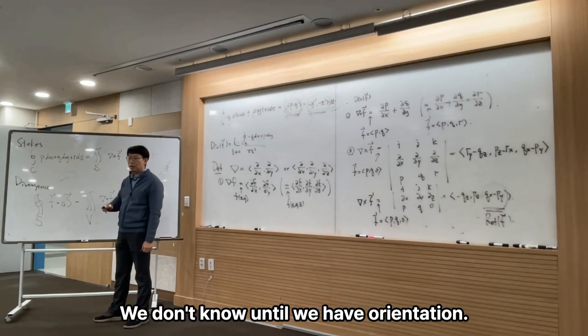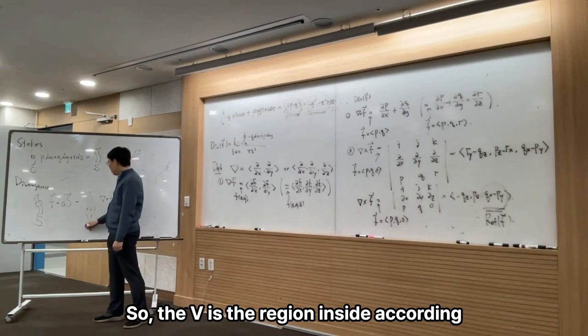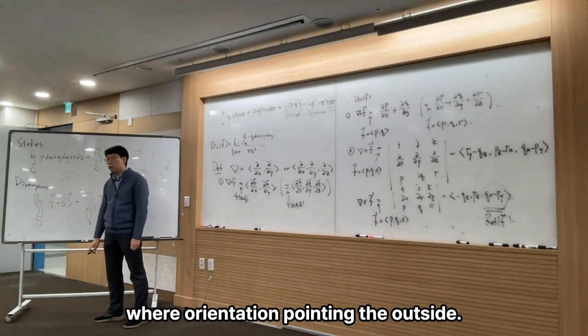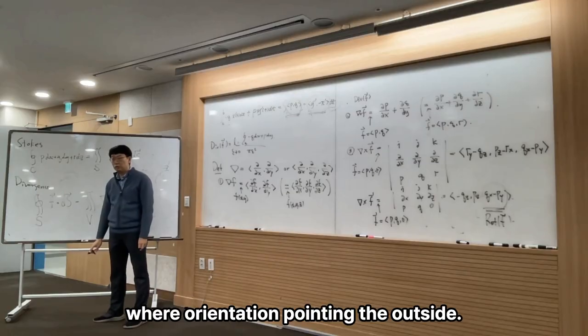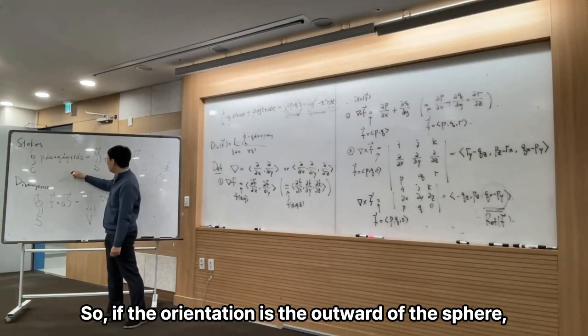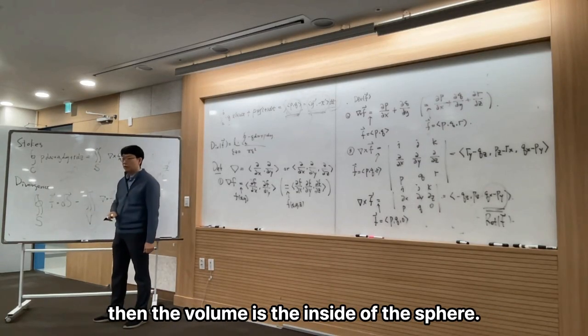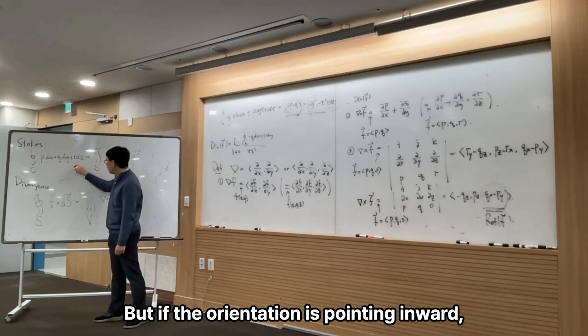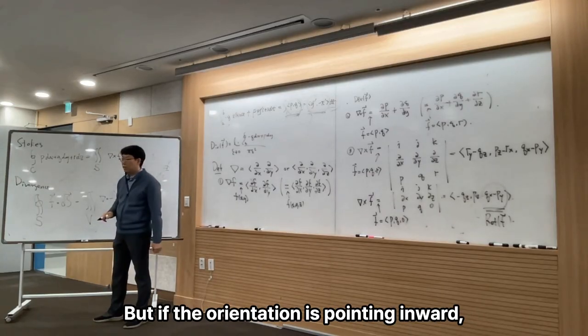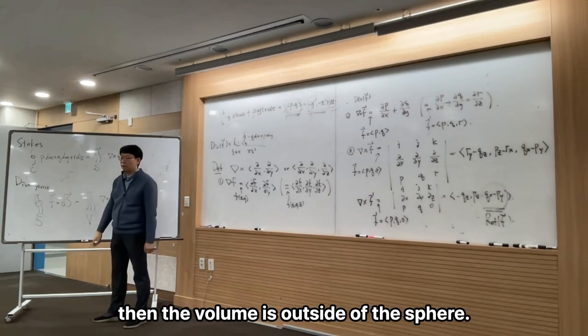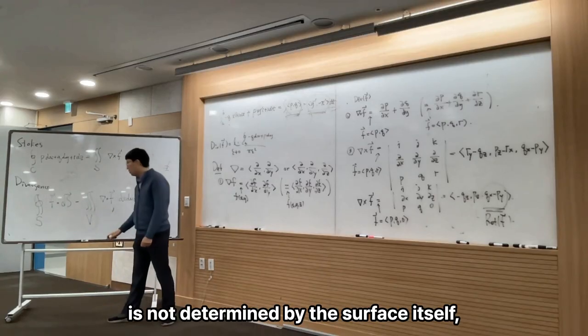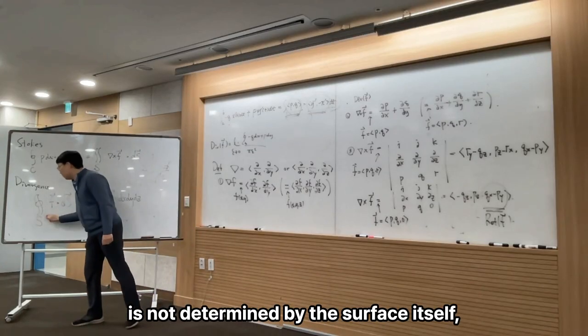We don't know until we have orientation. V is the region inside according to the orientation, where the orientation is pointing outside. If the orientation is outward from the sphere, then the volume is the inside of the sphere. But if the orientation is pointing inward, then the volume is outside of the sphere. So V is not determined by the surface itself.